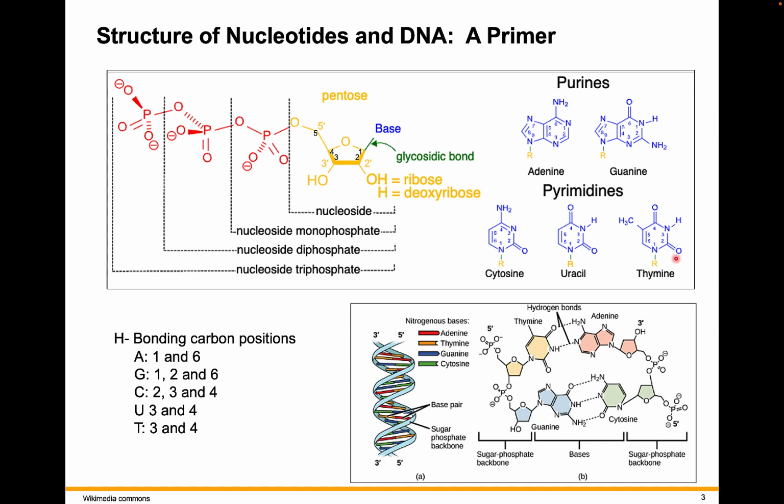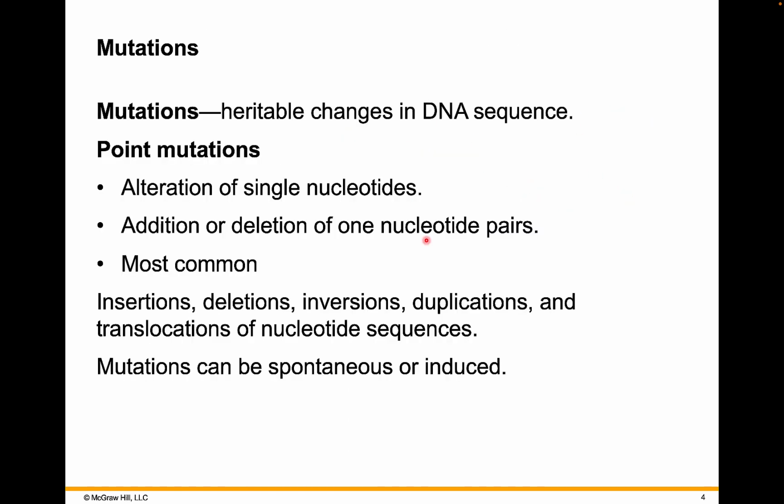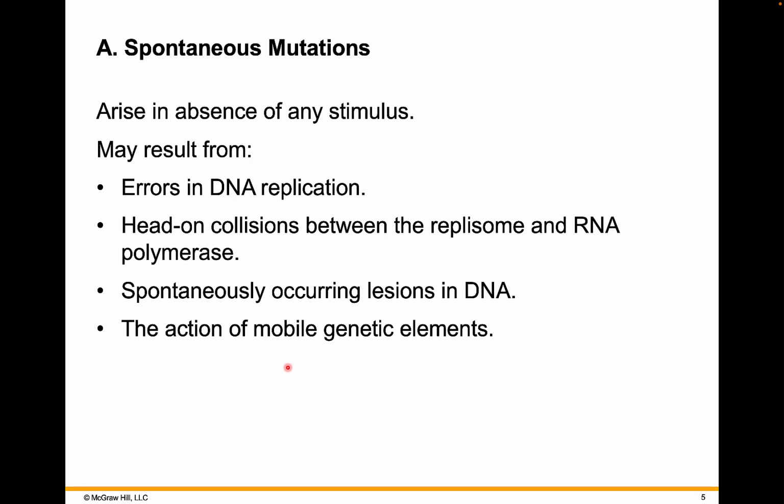Depending upon what kind of base is cut out, a pyrimidine or a purine, the backbone remains the same, and we call that a purinic site or a pyrimidinic site. These are usually called the lesions that can happen.